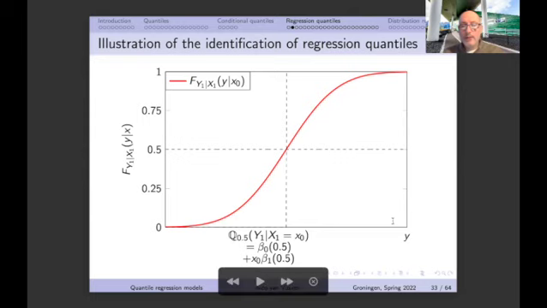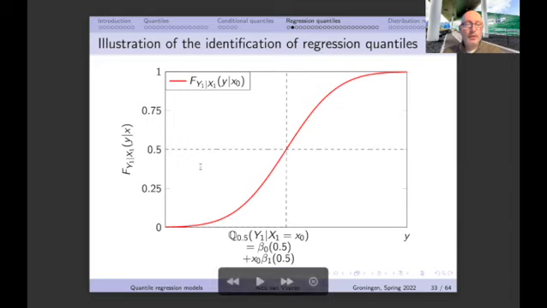For that, on the x-axis we have the different values of y, and on the y-axis we have the distribution function of y1 conditional on x1. Let's assume first that x1 is equal to little x0, and that the distribution function belonging to that situation looks like the red one over here.